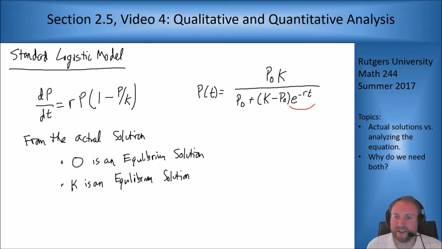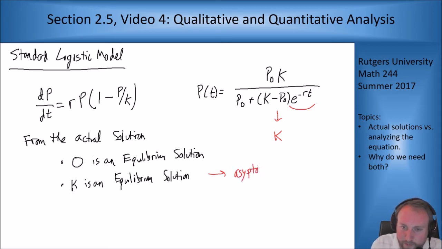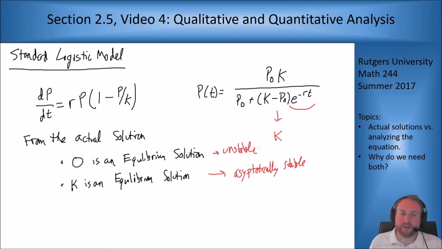If T gets really, really big, e to the minus RT is going to go to 0, which is going to cause this to converge to just K, because I'm going to get P0K divided by P0, which just gives me K. So what that tells us is this is stable, or asymptotically stable. Be careful with that. Stable and asymptotically stable are not the same thing. This one is asymptotically stable, and this is unstable. So we can get that from the actual solution.